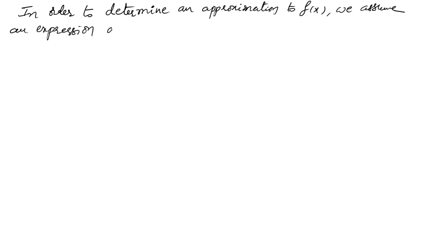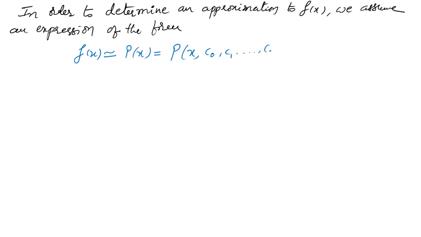What is the form here? f of x is approximated by p of x. And what is p of x here? It is taken as a function containing arbitrary constants Cn, given by C0 into phi naught of x plus C1 into phi 1 of x and so on, plus Cn into phi n of x. This is the approximation.